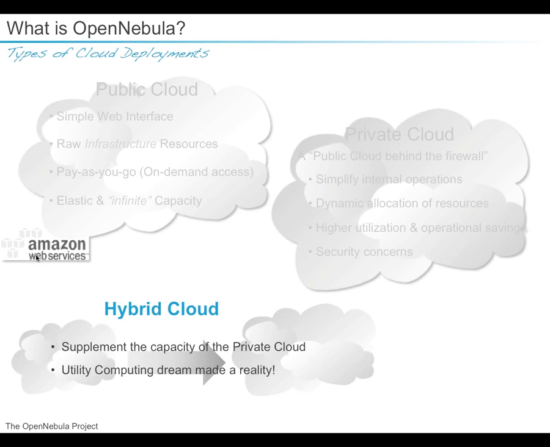So you need more computing power to satisfy these peak demands, but you have run out of capacity in your local infrastructure. With OpenNebula, you can outsource some of these virtual machines to a public cloud, like for instance Amazon. In this way, you will attend these peak demands, but you don't have to take on the burden of maintaining several physical servers in your infrastructure that are just going to be used a few days a year.